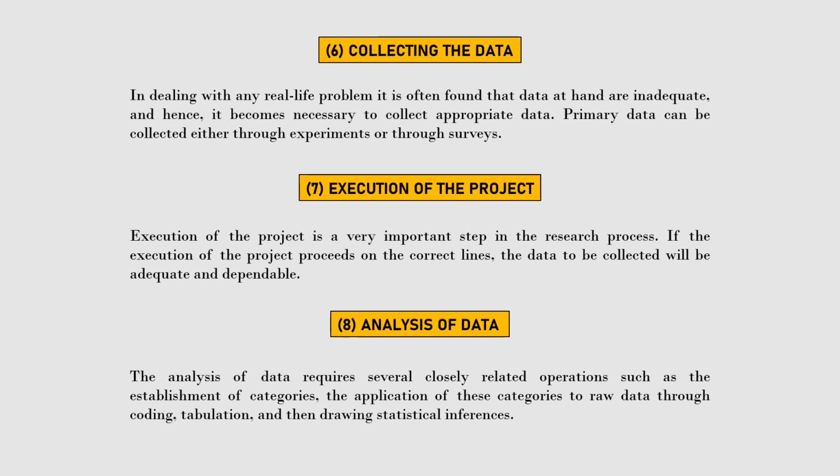So next is collecting the data. This is the most crucial part of any research process. If we don't collect the adequate data, we cannot get the result, and we will not get to our solutions. So there are various ways to collect data, that may be through observation or through personal interviews or telephone interviews or through preparing questionnaires or through preparing schedules.